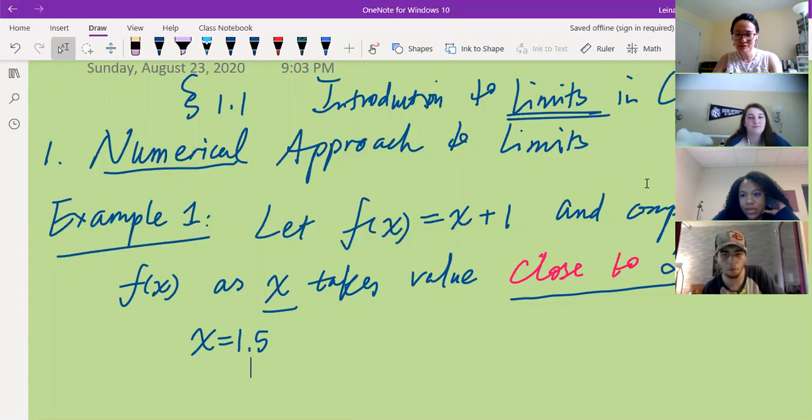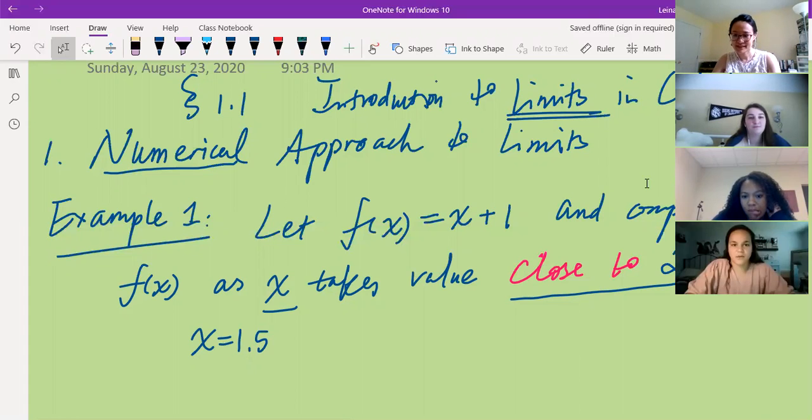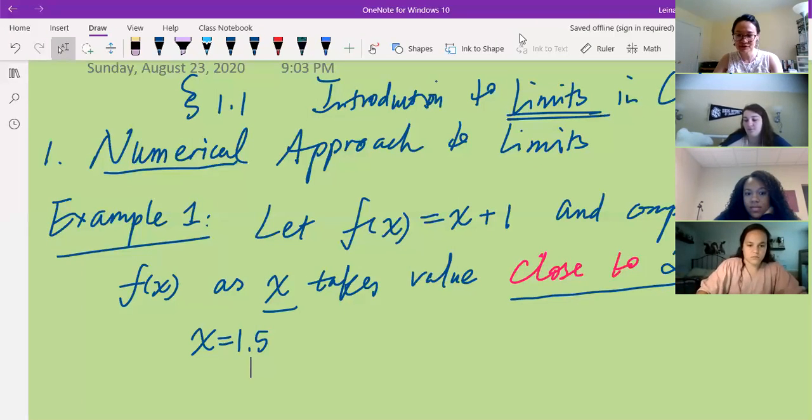Can some of you explore the ones from your RingCentral and find out? It's at the top of the screen. Do you see annotate? If you have found it, can you try to annotate on my screen? Can you write down a value for x that you think is close to 2?